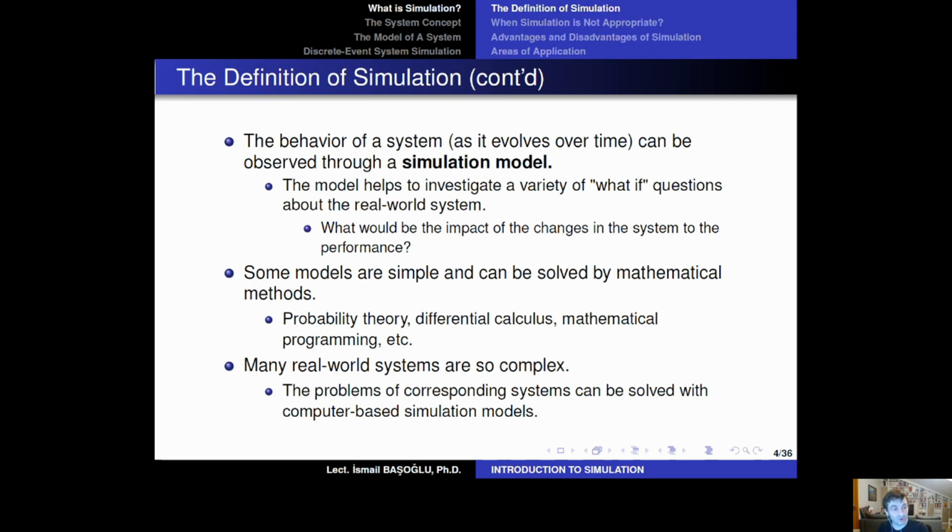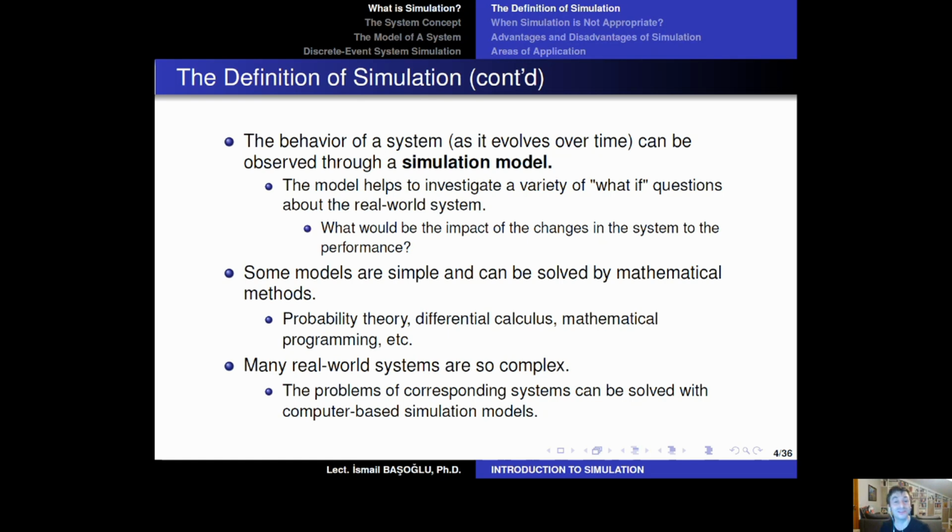Okay. Now, in order to answer that, you can either really construct a new door and see what happens after that, but this means you are going to pay the costs already. Okay. So there is no turning back from that decision. Or you can create a model of the original system, and over that model, you can perform experiments where you are opening a new door, maybe another new door.